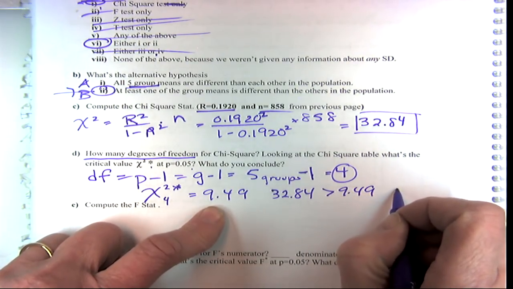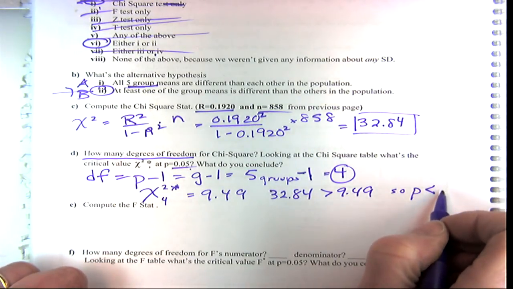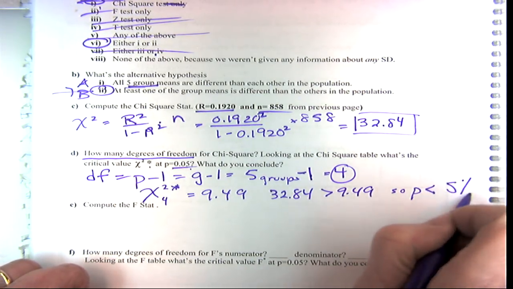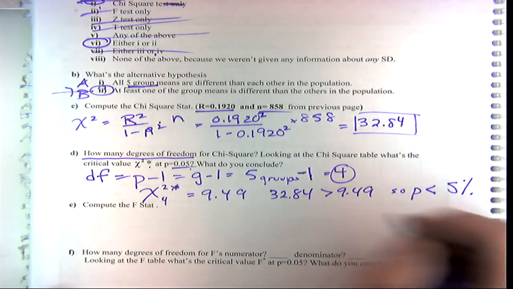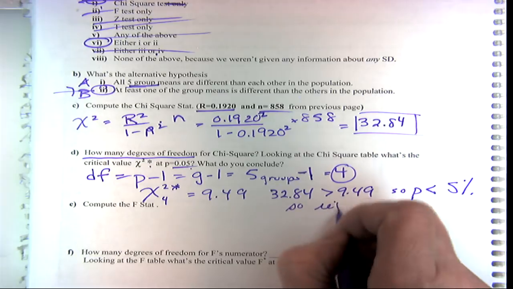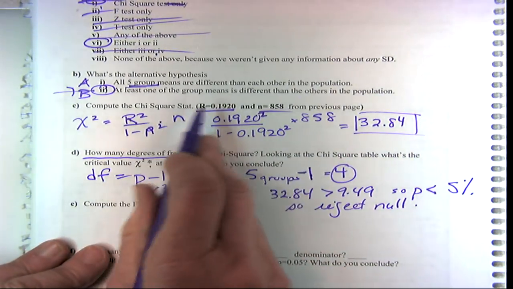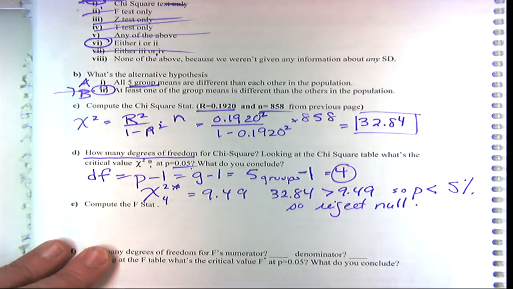So our p-value has to be less than that 5%, probably a lot less. So we'll reject the null and conclude that at least one of those differences is significant. That at least one of the group means is different than the others in the population.